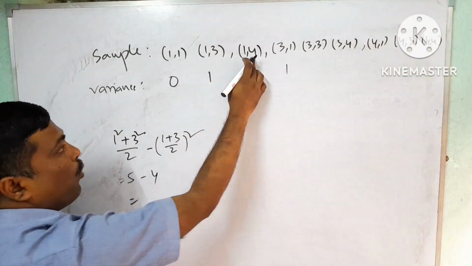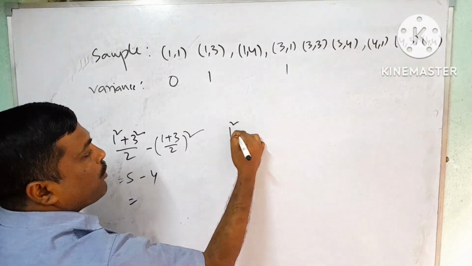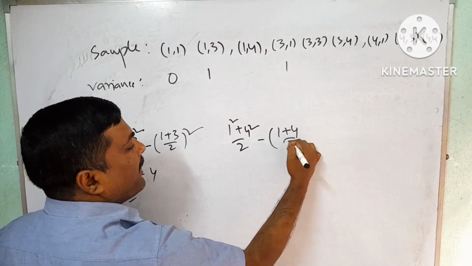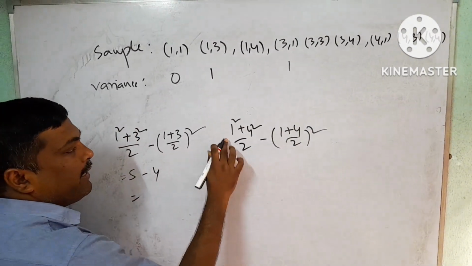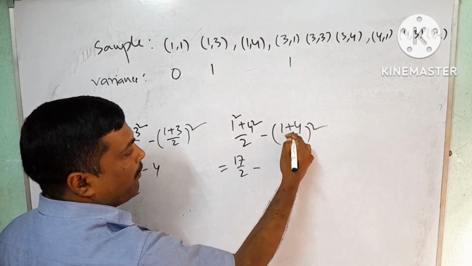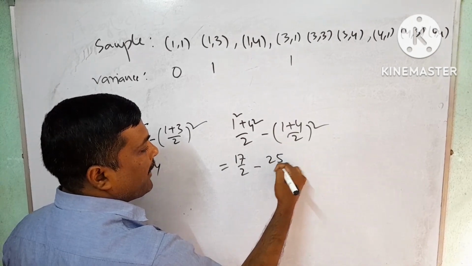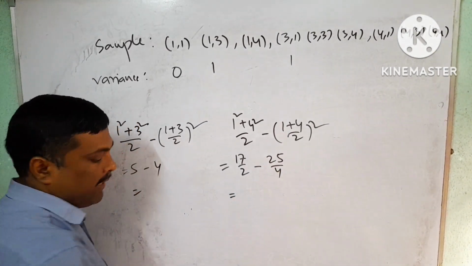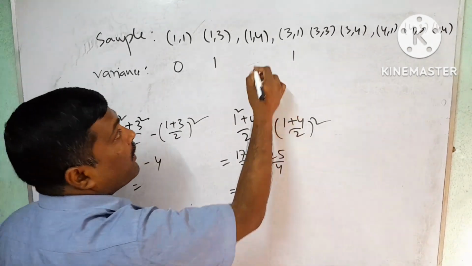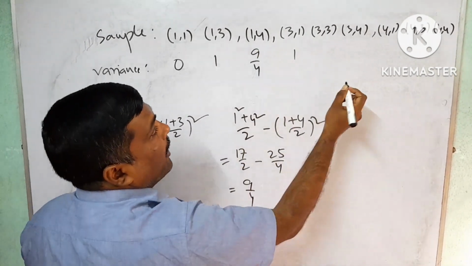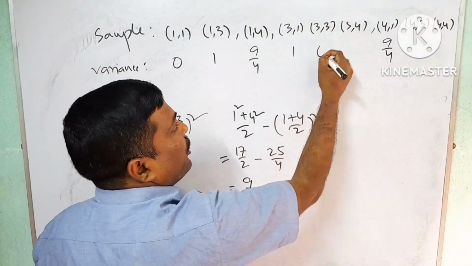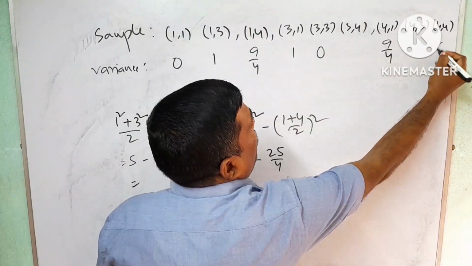For sample 1 4, variance is 1 square plus 4 square divided by 2, minus 1 plus 4 divided by 2 whole square. That is 17 by 2 minus 25 by 4, which is 9 by 4. So 1 4 and 4 1 both have 9 by 4. Samples 3 3 and 4 4 have 0.